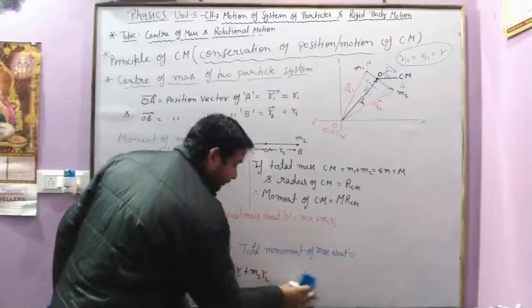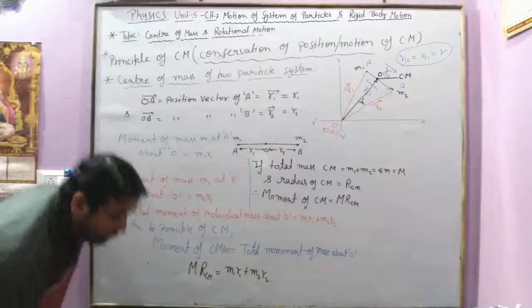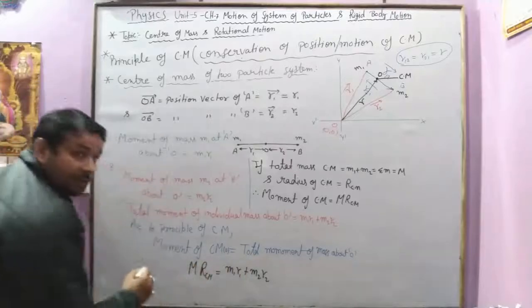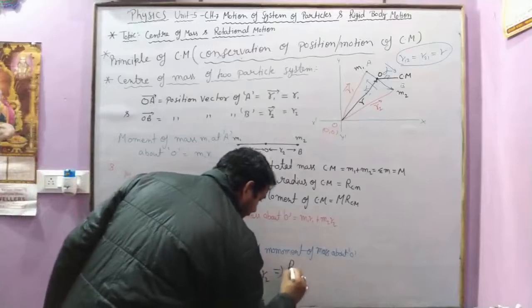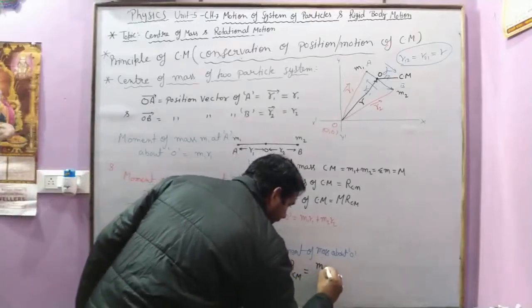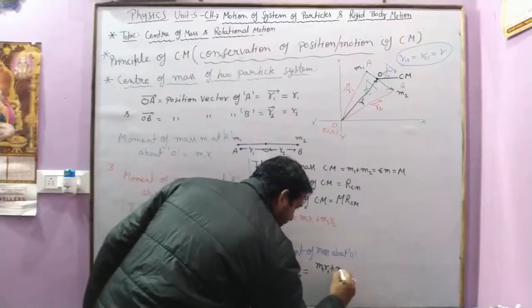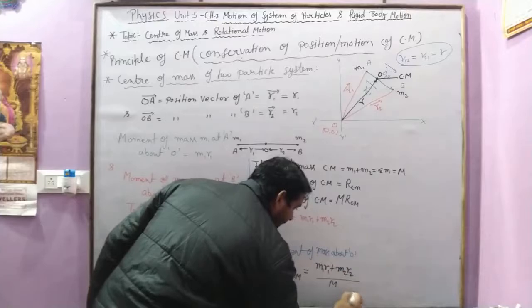Therefore finally we get the radius of center of mass equal to m1 r1 plus m2 r2 upon capital M.